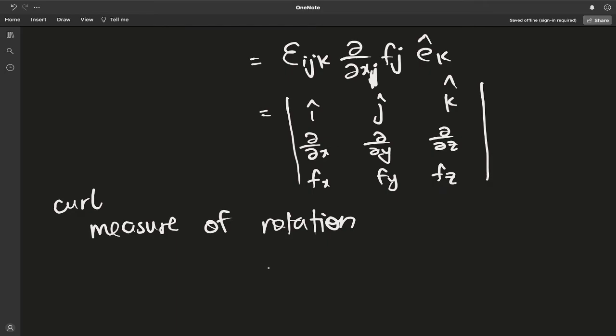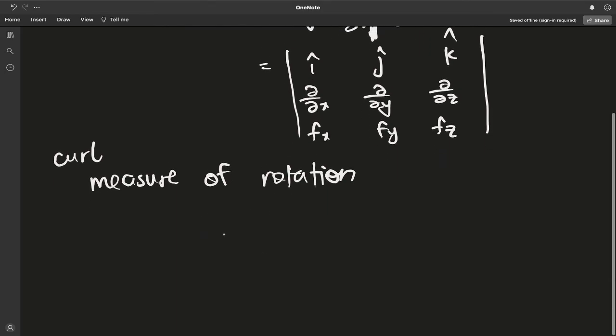So the ideal case for the curl is a vector field that's somewhat like this. I'm trying to be as non-pointy as possible, while also being pointy with the vectors. Something like this.